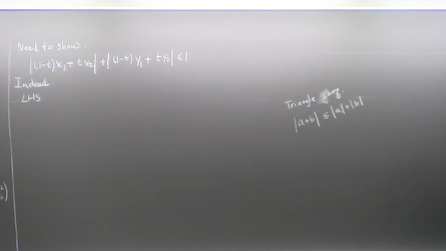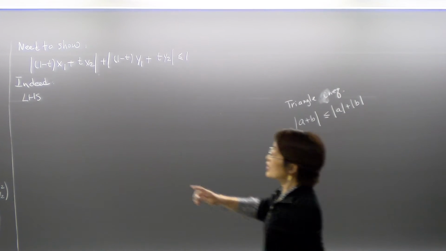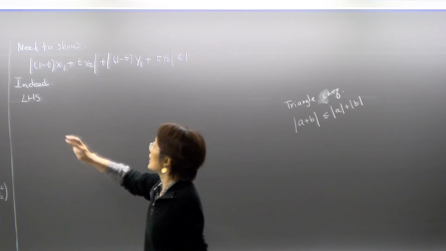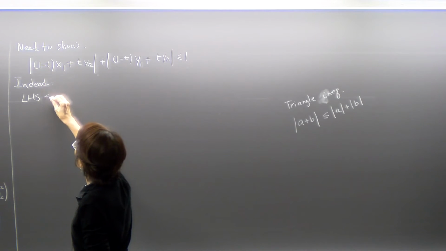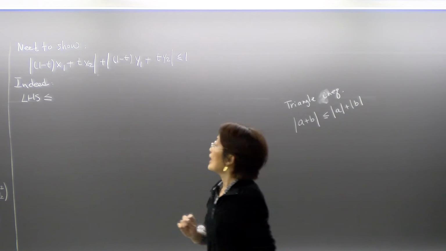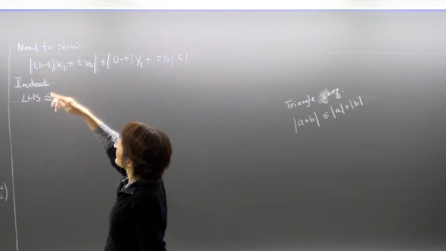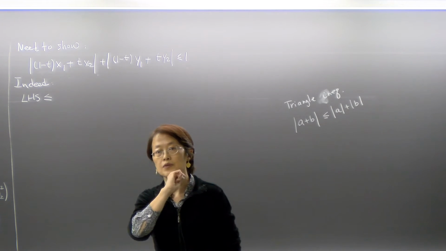I hope we're familiar with that. We do that on this absolute value sign, replacing it with the sum of the absolute values of each and getting something bigger, so less than or equal to. And since the coefficients t and 1 minus t are both nonnegative, I can take them outside the absolute value sign.